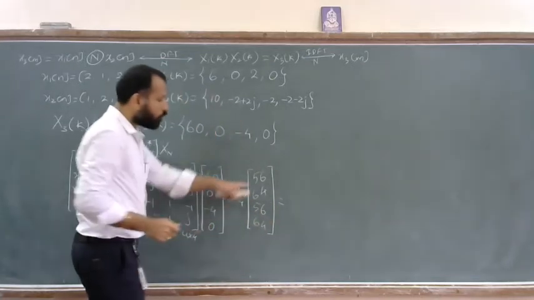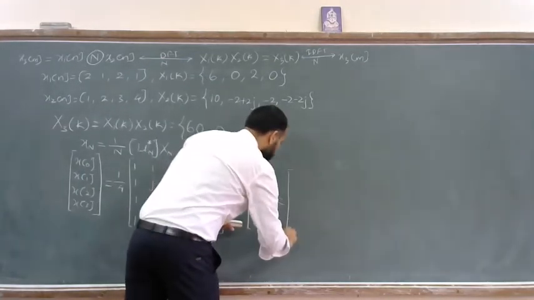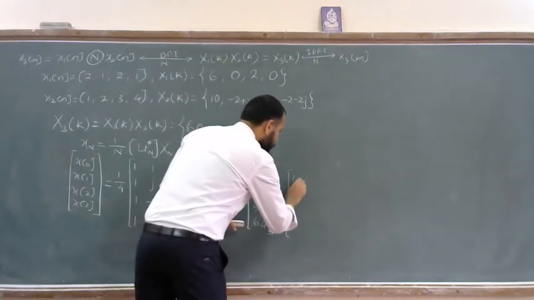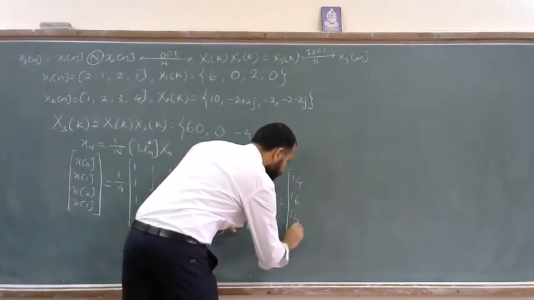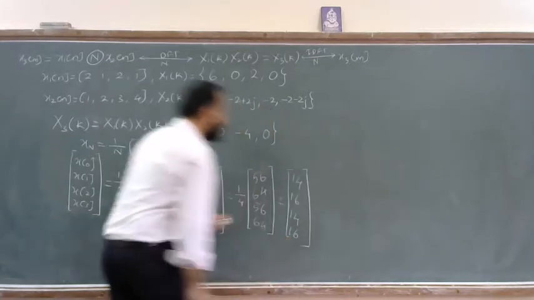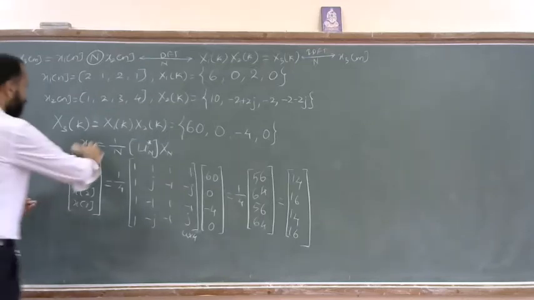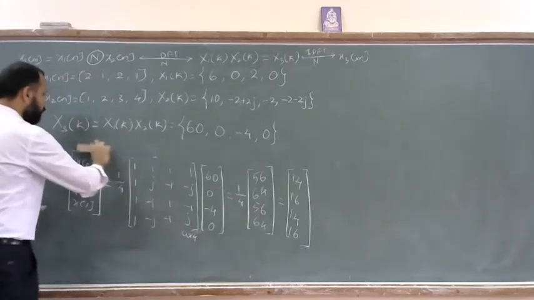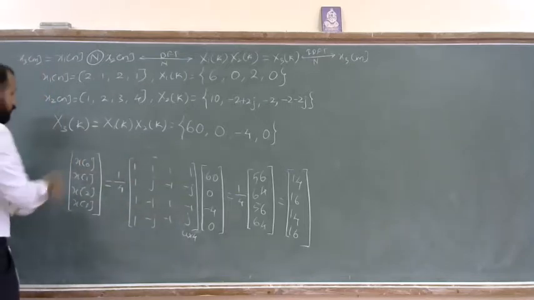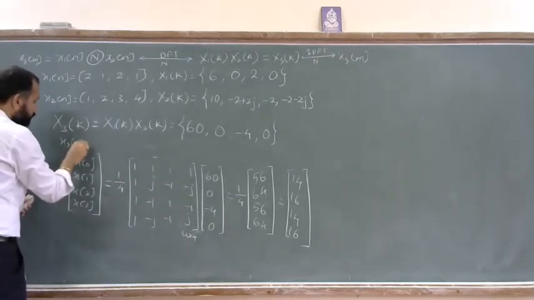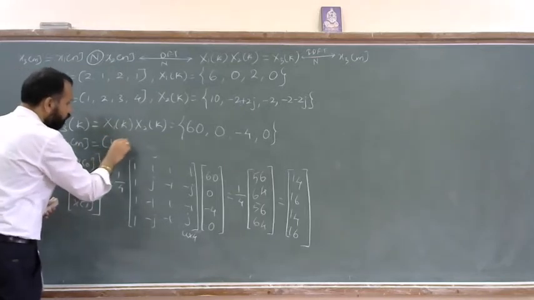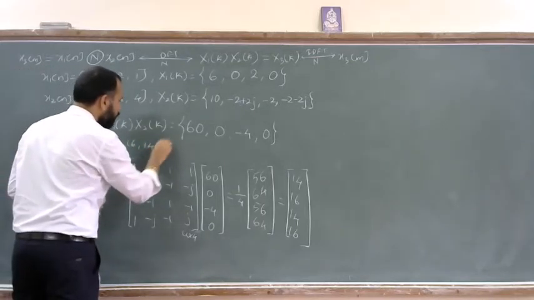You divide each of these values by 4 now. You will get 14, 16, 14 and 16. This is the idea. So x3 of m is 14, 16, 14 and 16.